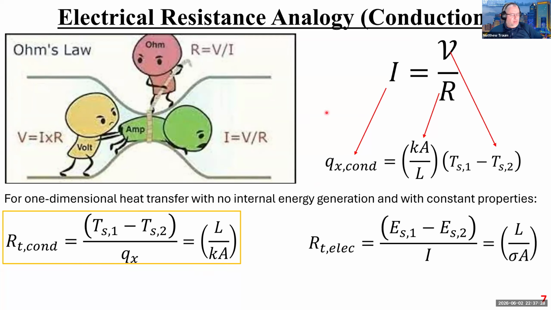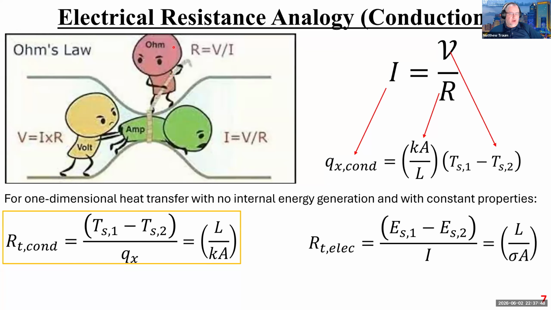If you remember all the way back to your circuits class, I actually love this cartoon because I think it really illustrates what's going on. Think about electricity, right? You have voltage, which is this yellow person who is pushing current, this green person, down a wire.